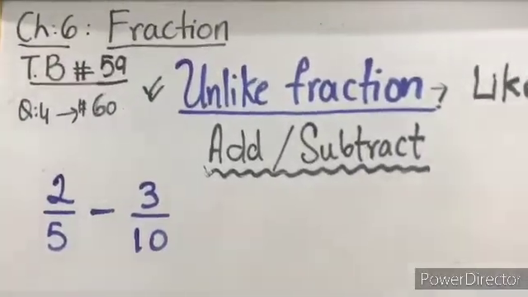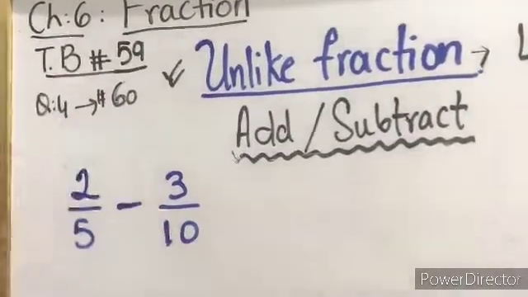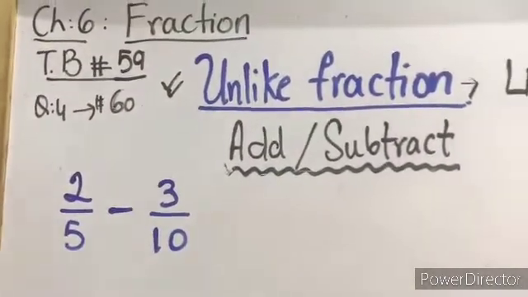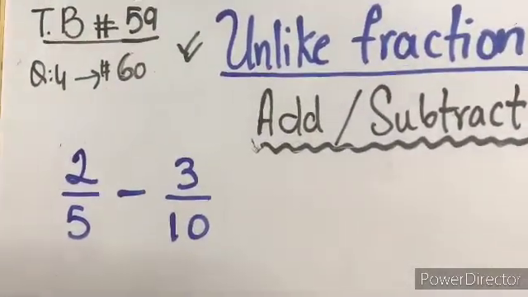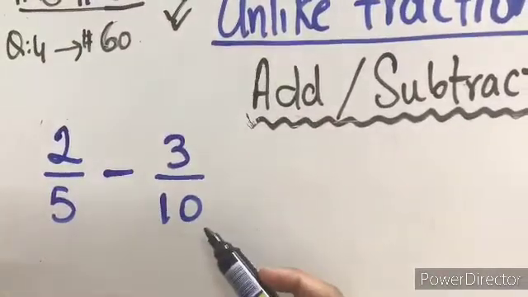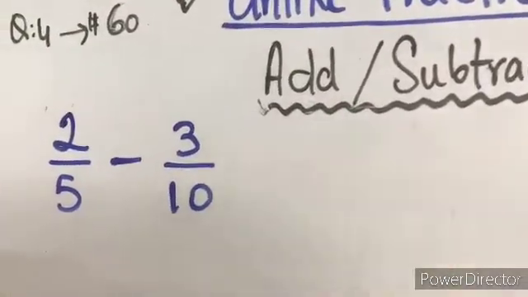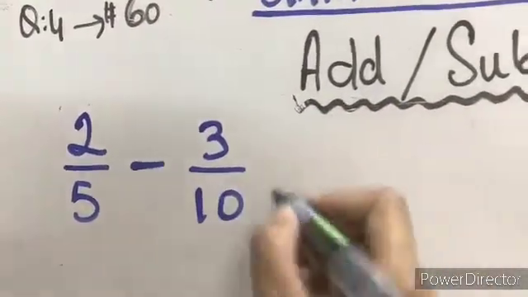See students, another example. It is also on textbook page number 60, question number 4. You are having different denominators. I told you sometimes it is not needed to change both fractions. You will see the biggest number of the denominator.